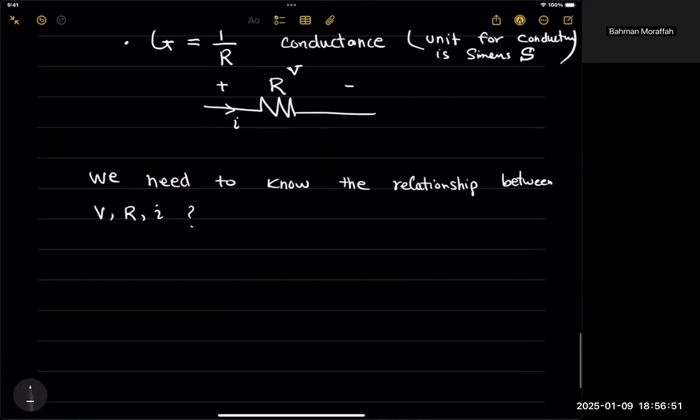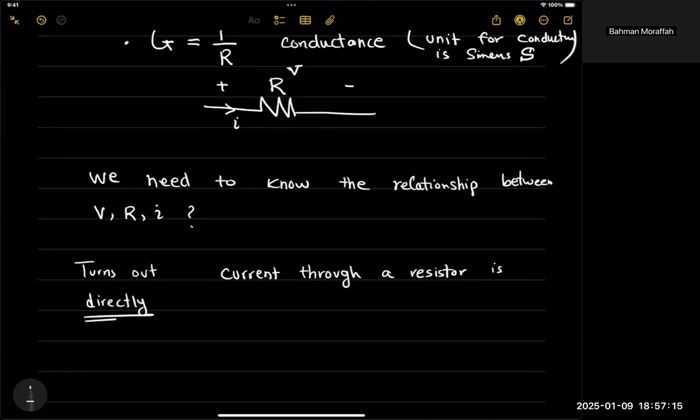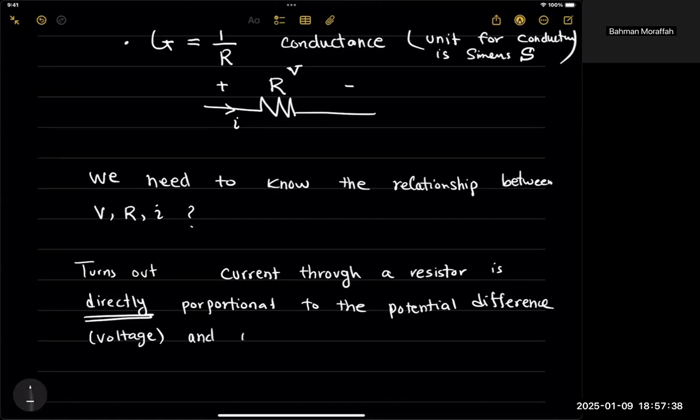It turns out, current through a resistance, a resistor, or in general, any conductor, is directly proportional to the potential difference or voltage and inversely proportional to the resistance.